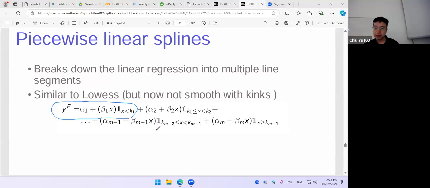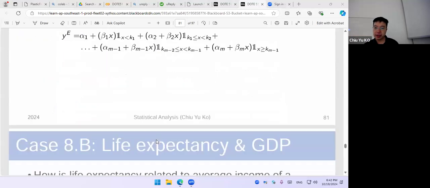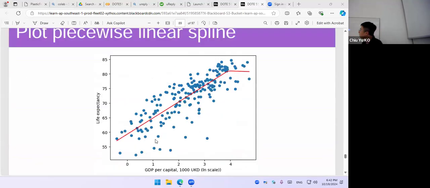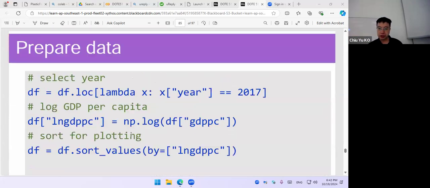So the main idea of doing this is your model will end up like this, okay? You cut at 4, so you will have a line here and a line there. So there will be two different lines. We will have an example, a real world case to show you how we are going to use it, okay?